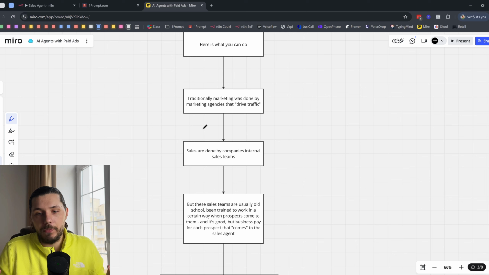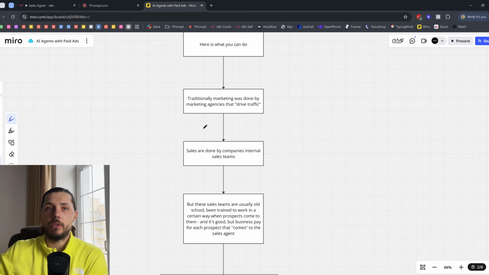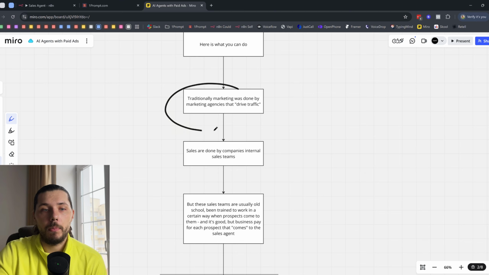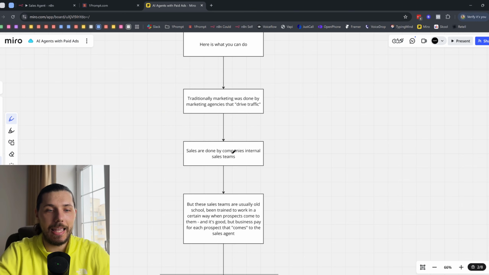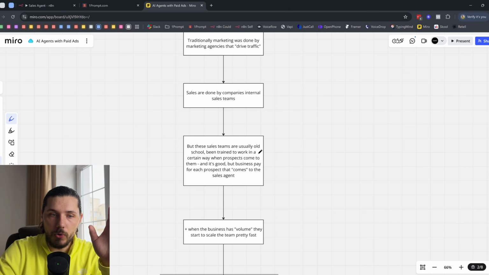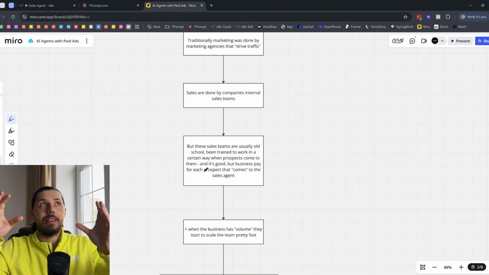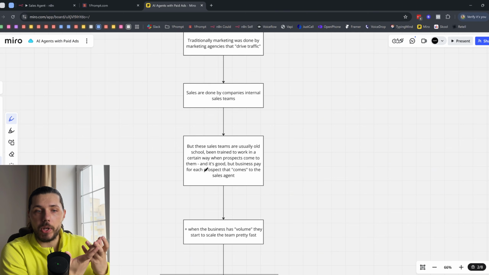Again, I'm simplifying that depending on the business and the industry, but hiring a third-party marketing team is much more common than hiring a third-party sales team. So let's say that marketing is done externally and the sales are done internally by the actual sales team. But these sales teams are usually old school, trained to work in a certain way when prospects come to them, which is good, right? They are trained in a way where they can sell really, really well.